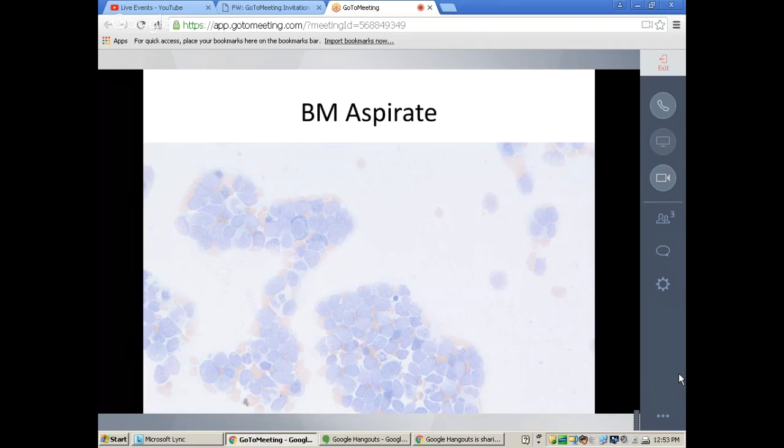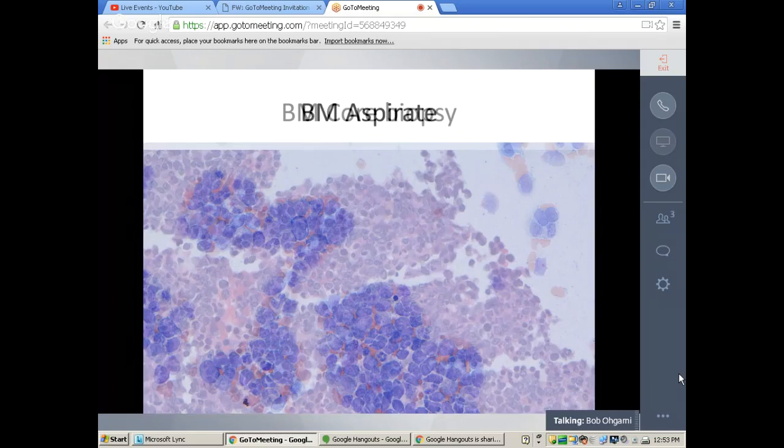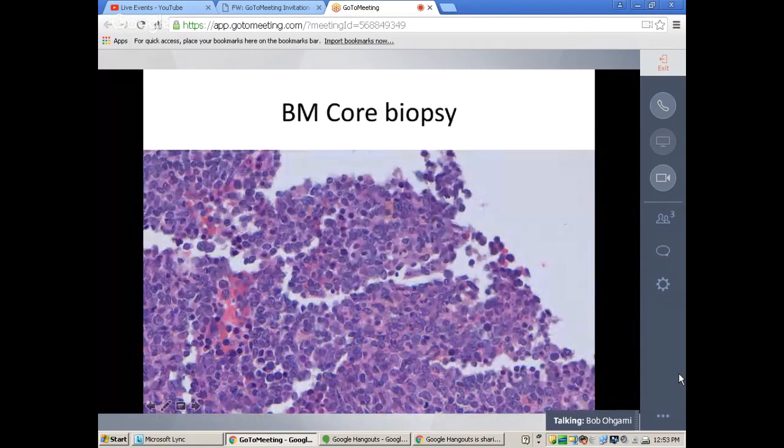Bone marrow aspirate shows those blasts again. Similar to the peripheral blood, very fine chromatin, very large in size. Some nucleoli here and there, maybe some granules. Bone marrow core biopsy looks as follows. The same thing as the aspirate, lots of blasts, that fine chromatin, that see-through chromatin, where it's much more pale.